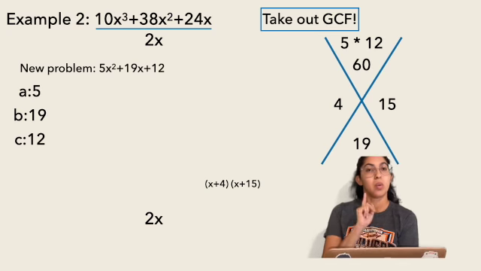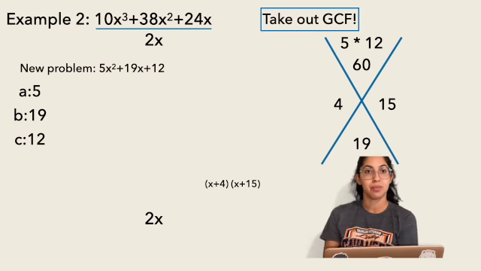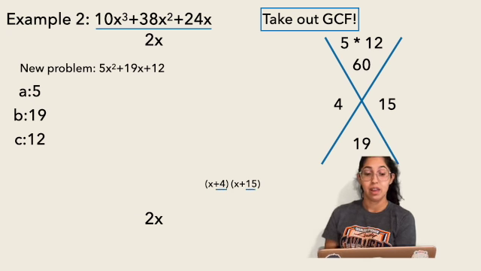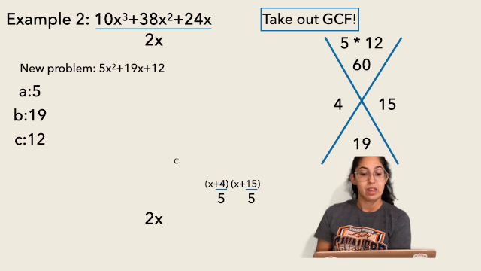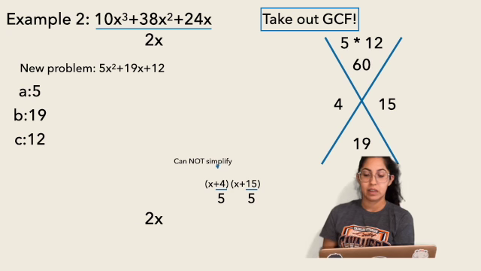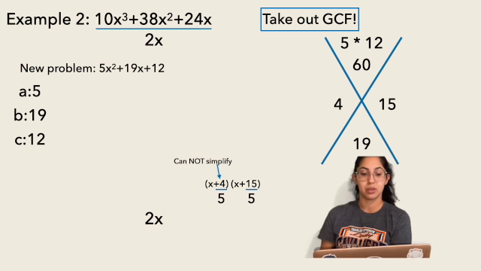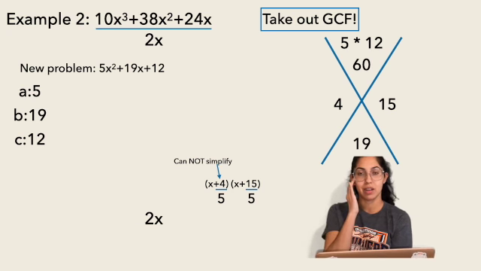So remember, we're not done. What do we need to do? We need to divide by A. So what is A? It's 5. So I'm going to divide the 4 and the 15 by 5. I look at that 4/5, it cannot simplify, so what do I do with that denominator?